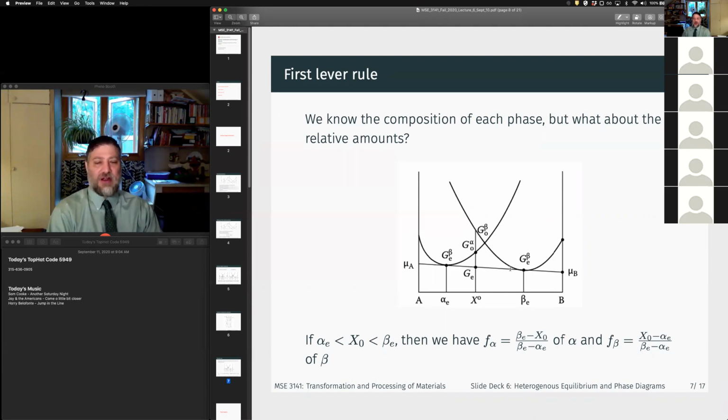If I'm over here, I'm going to be mostly beta with just a little bit of alpha, right? So you can, of course, use that to remember which side you need to take for which element, right? But this is the same lever rule that you learned on your phase diagrams in 2010. It's just in the Gibbs free energy space directly rather than in the phase diagram.